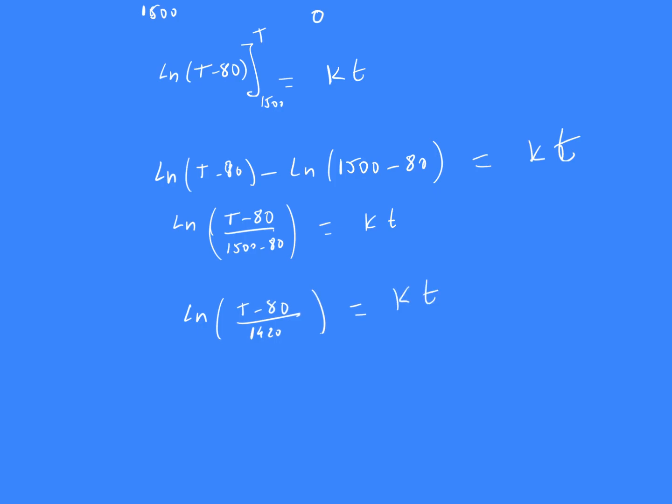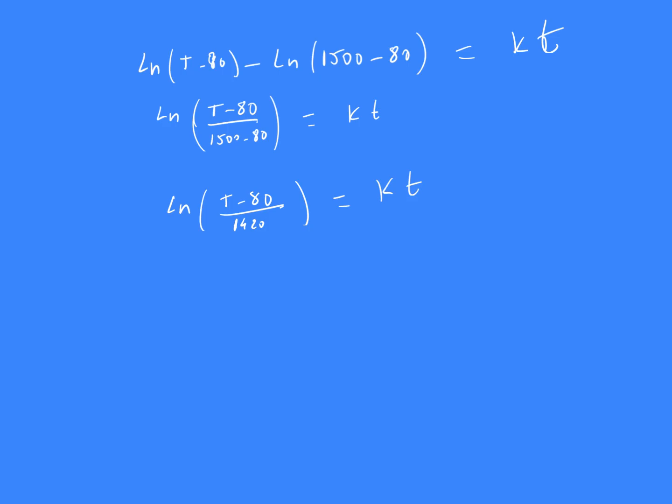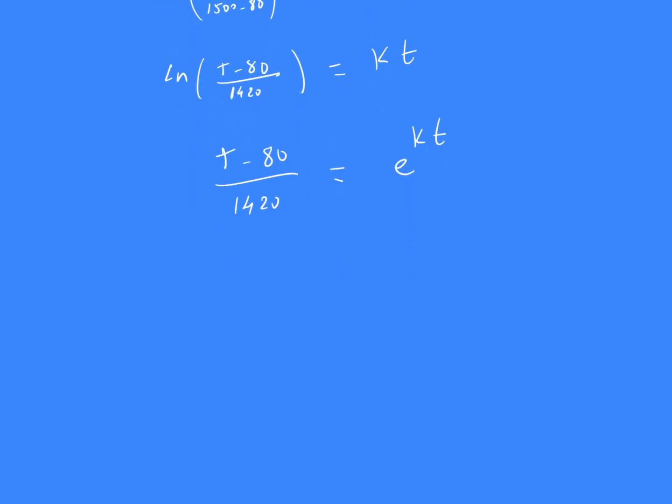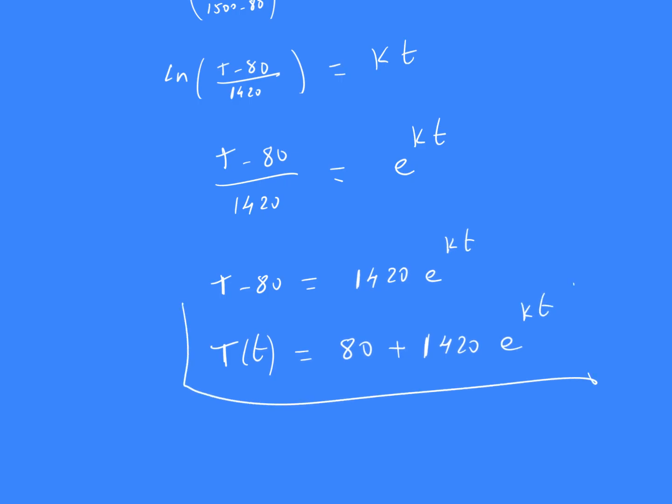And now e to the natural log of T minus 80 divided by 1420 is e to the kt. So T minus 80 over 1420 is e to the kt. So T, the temperature as a function of time, will be 80 plus 1420 e to the kt, and this is the solution.